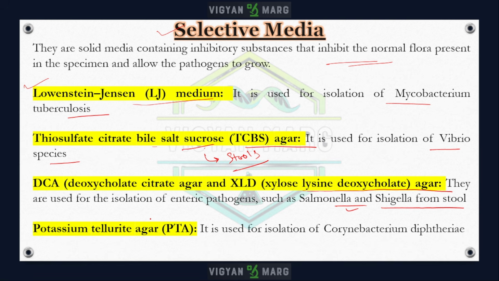Okay, and another is potassium tellurite agar, PTA, used for Corynebacterium diphtheriae, where the tellurite inhibits most other bacteria and is reduced by Corynebacterium diphtheriae, producing characteristic black colonies. Okay, you can see the black colonies on the agar plate.